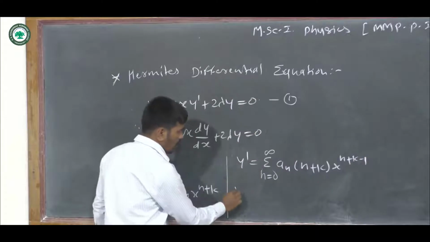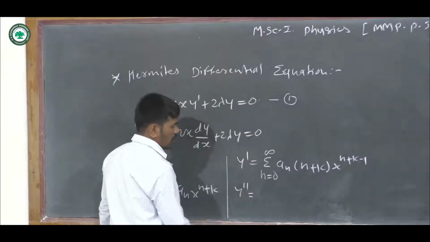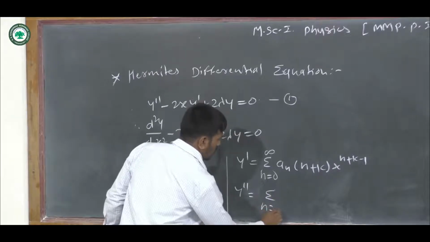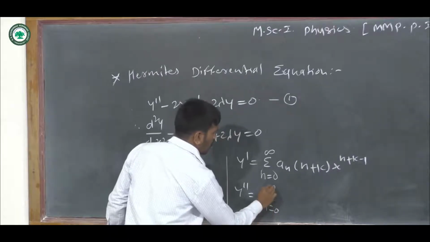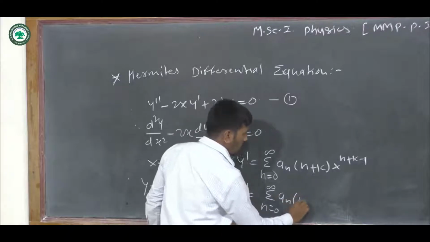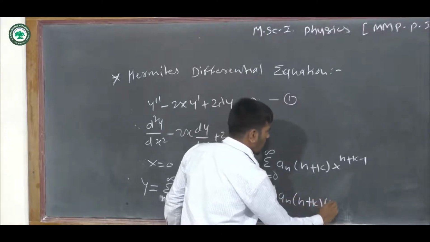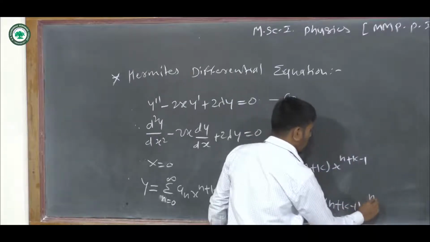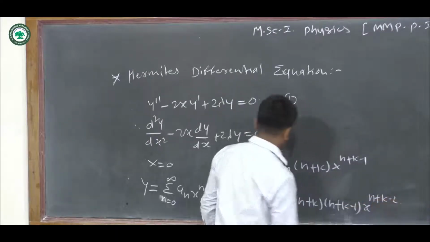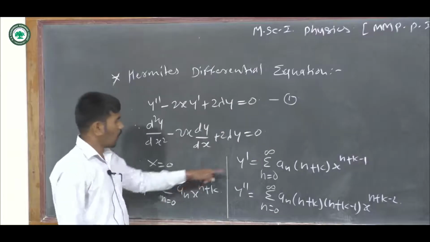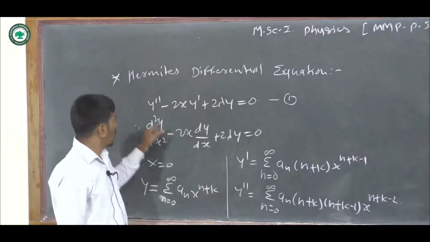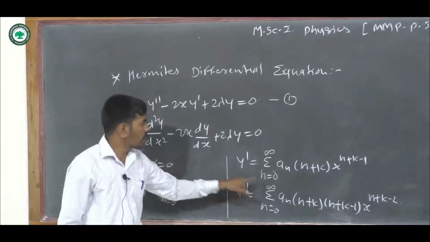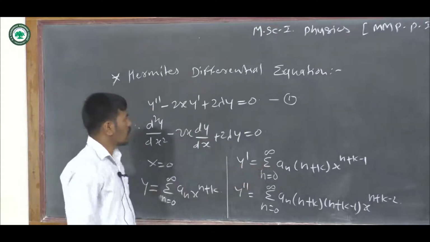Again if I differentiate with respect to x, y double prime is equal to summation n is equal to 0 to infinity a n into n plus k into n plus k minus 1 into x power n plus k minus 2. So this is y prime and y double prime.